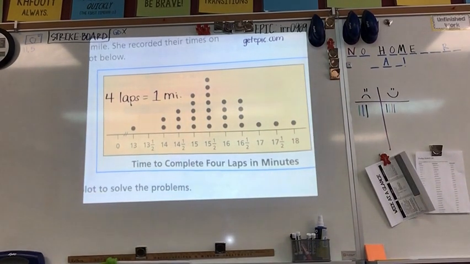My last challenge, so listen to the words carefully and think about what they're asking. Most students completed the laps between which two times? So you're going to look for which time has the most, and then think about what are the two times on either side of that.